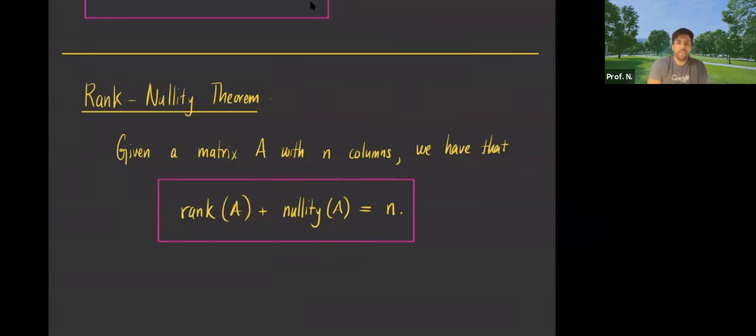Very profound, seemingly simple equation, but it's very rich as to why this is the case. The rank of any matrix, if you add it to the nullity of that matrix, gives you the number of columns, n.